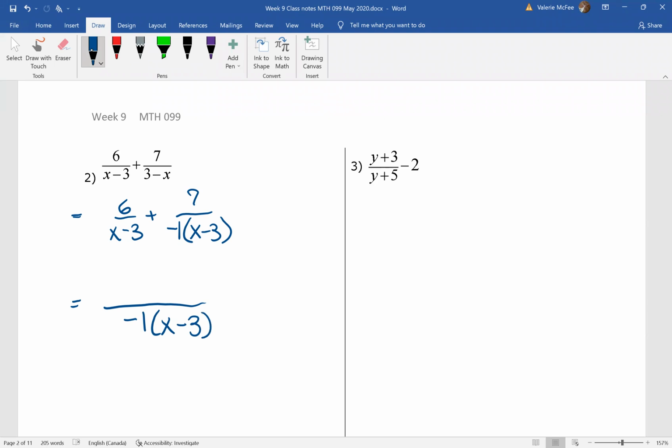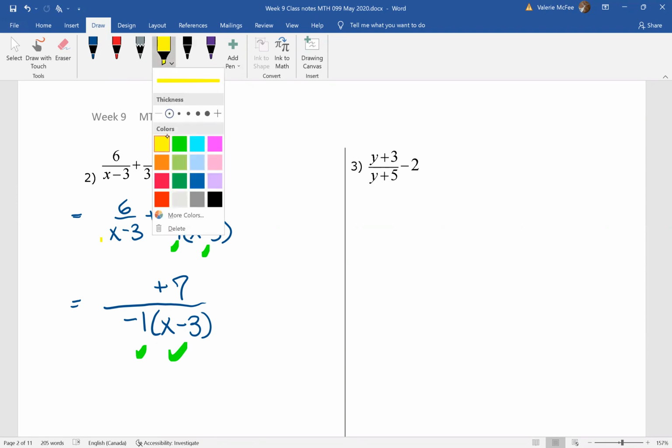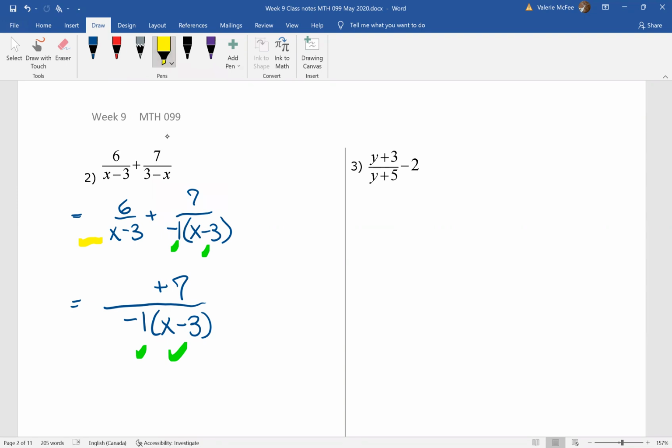And in fact, I can write +7 over that common denominator because both factors, the -1 and the x minus 3 that we needed for our lowest common multiple of the denominators, are there already. But we're missing factors here. We're missing the -1.